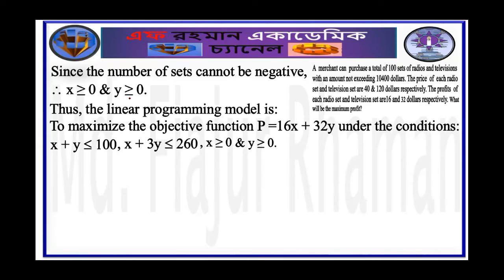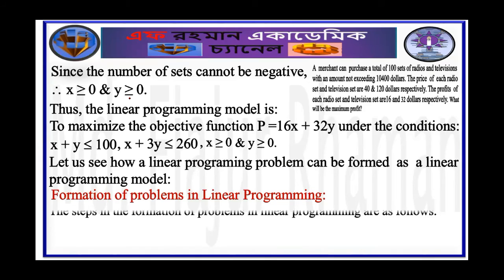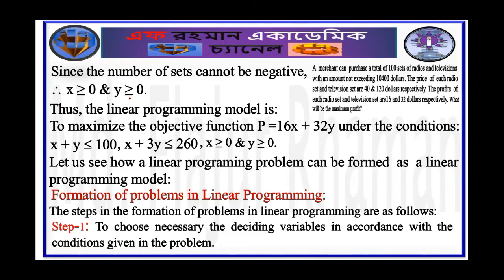With a practical application, we have shown how a linear programming problem can be made into a linear programming model. But in general, let us see the 5 steps. Step 1, choose the necessary deciding variables in accordance with the conditions given in the problem.